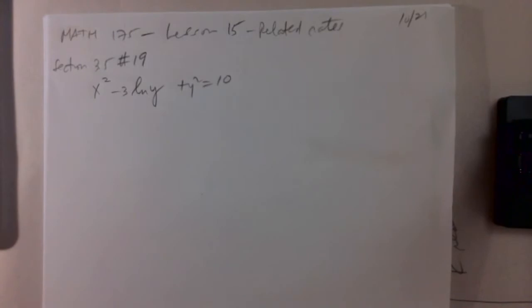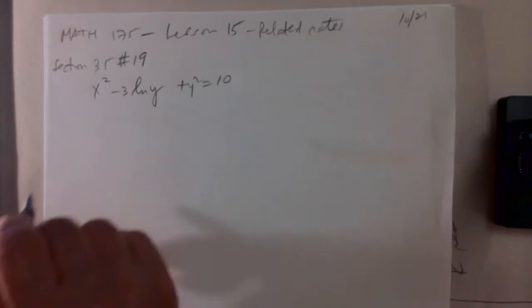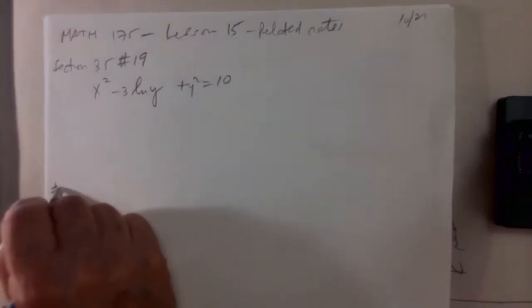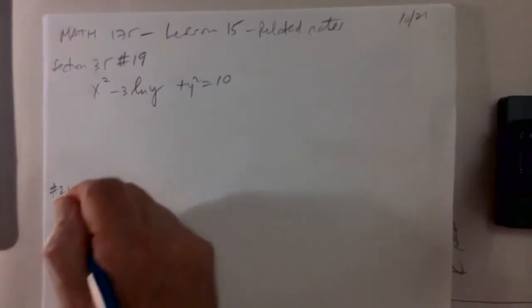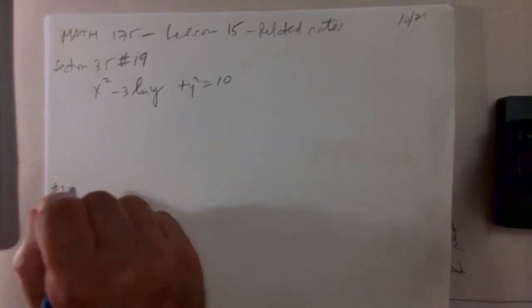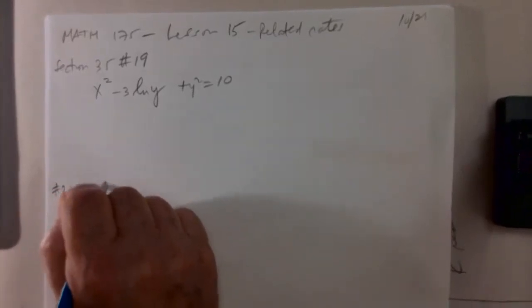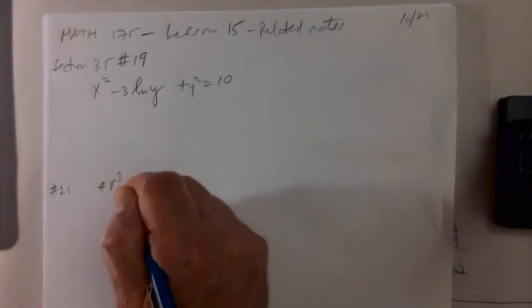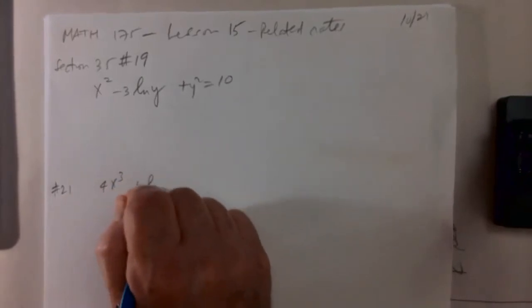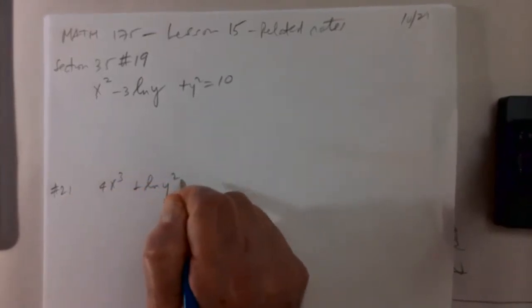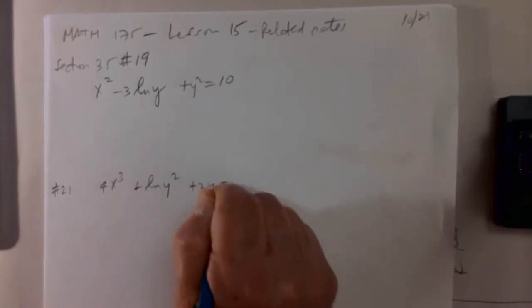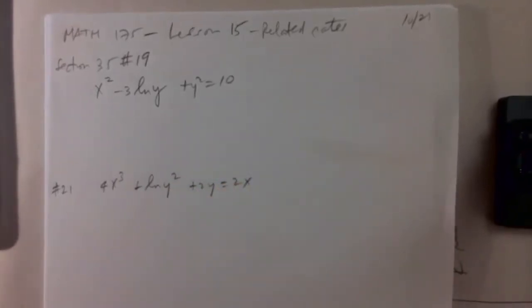You have a different book. The question is 4x cubed plus natural log of y squared plus 2y equals 2x. So in the 5th edition, that's number 21: 4x cubed plus the log of y squared plus 2y equals 2x. Right, so I'll do both of them.